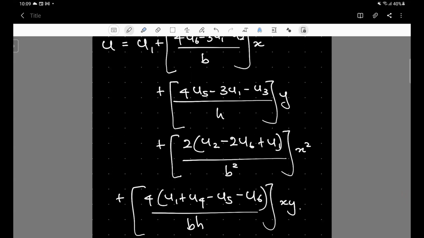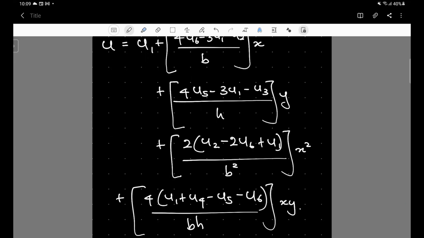Following the same procedure that we just described, write down the equations from v1 to v6, apply the nodal coordinates, solve the set of simultaneous equations to find the coefficients from a7 to a12, and then back substitute in the initial equation to obtain the displacement function for v. So now you have u and v.